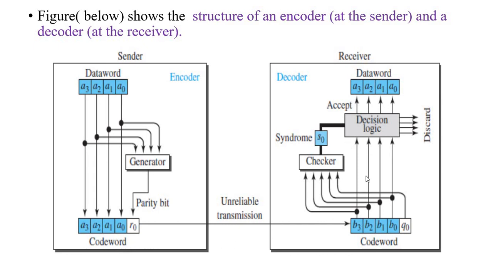On the receiving side, the same content is taken and checked with the parity checker, and we check the syndrome. If the syndrome value is 0, that means we can accept the data, there is no error. But if the syndrome value comes as 1, that means there is an error, and therefore we discard the data bits. This is the format we follow in error detection, and that's all in the class today.